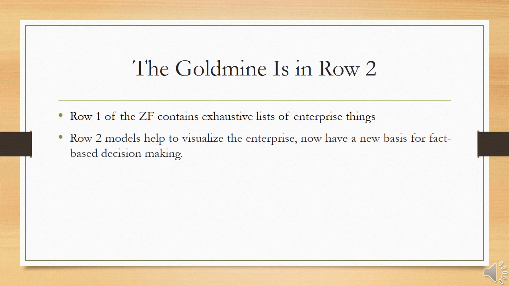Imagine every type of data your enterprise manages, or every role in the enterprise and every system. Seeing this kind of information helps the business management, which is the row 2 perspective, make informed recommendations for executive decisions, because row 2 models help the people visualize the enterprise.